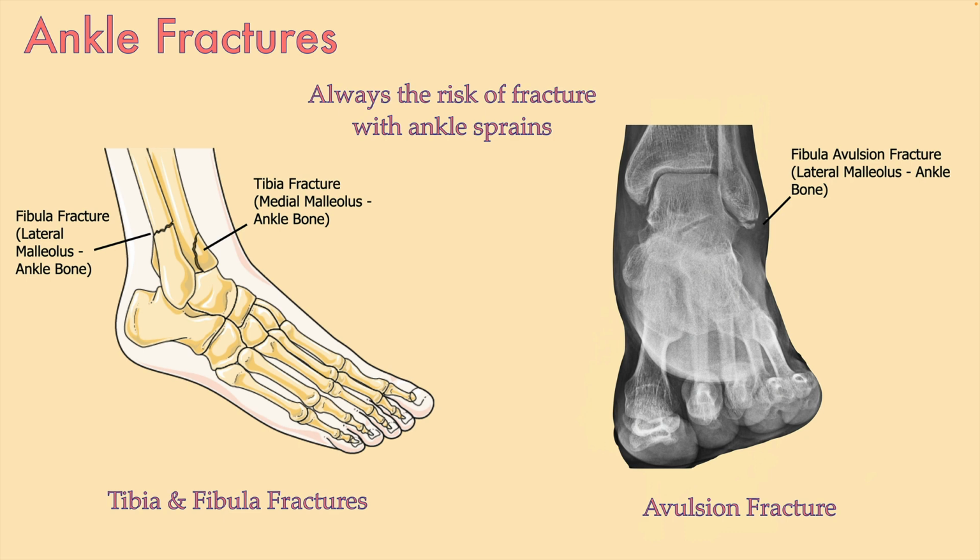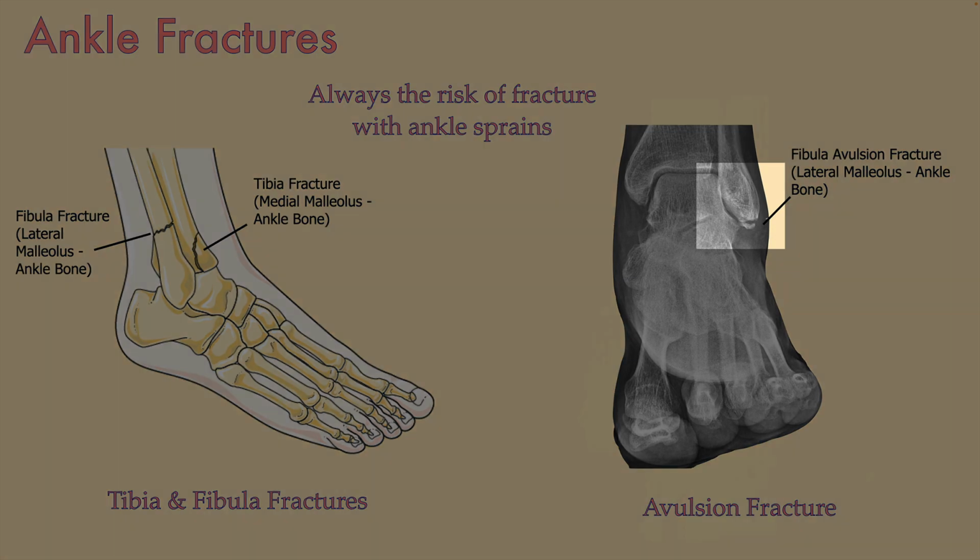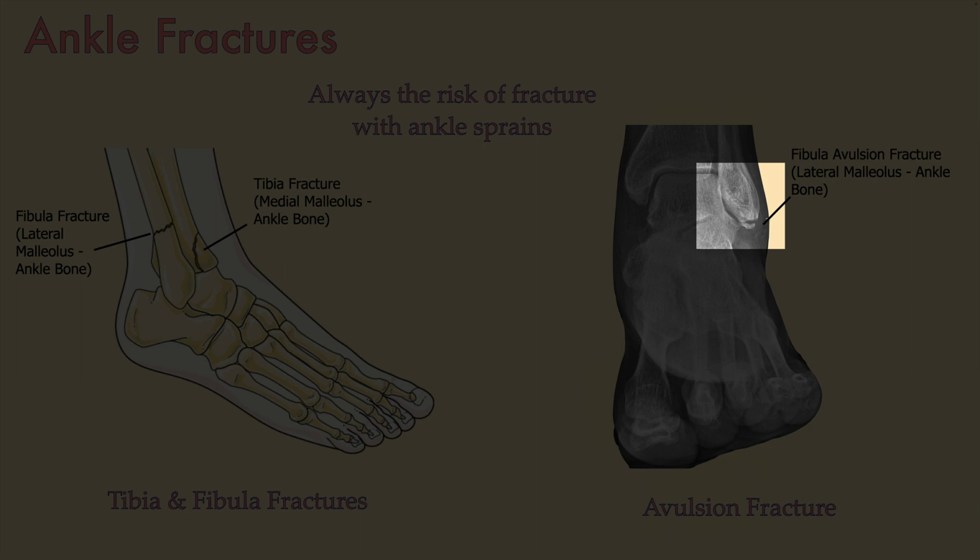Another type of fracture that can happen that's not quite as severe as those is what we call an avulsion fracture. This is where a bit of bone, just kind of a little piece of bone, has been pulled away. So in this image we've got on the right there, the X-ray, we're looking at that fibula, the outside ankle bone, and you'll note just at the bottom there, a bit of that bone has come away.